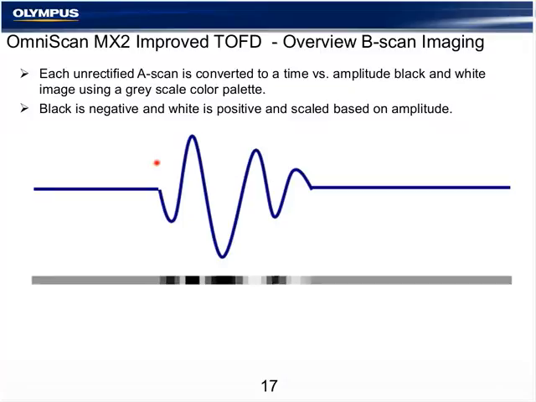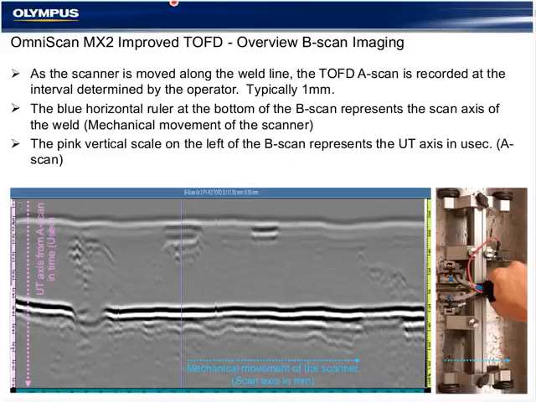Every 1 millimeter of travel of the scanner generates one line in the B-scan that is a representation of the A-scan waveform. In the B-scan imaging, we will typically see the scan axis represented by the blue line or blue ruler, which represents the movement of the scanner.